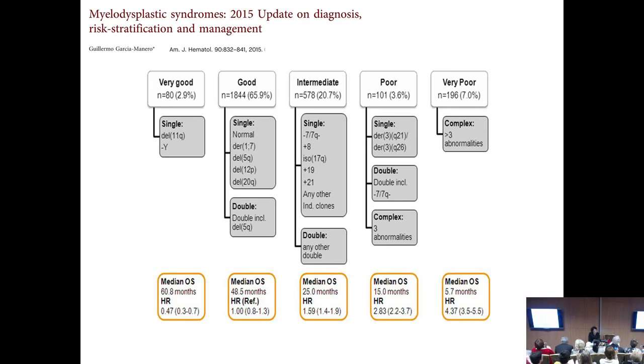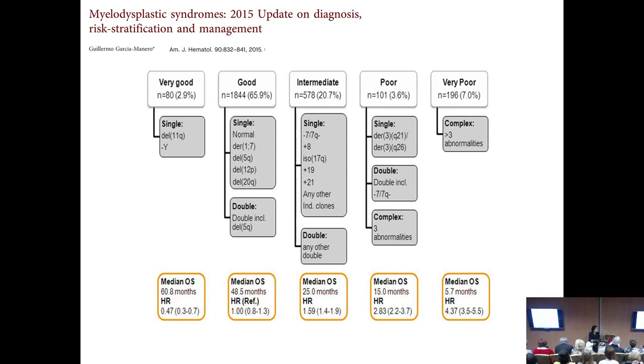Now let's switch to the last part of my presentation, chromosomal and molecular abnormalities. Chromosomal abnormalities play a decisive role in categorization of MDS because they are associated with prognosis. Let's start at the bad end of the spectrum.